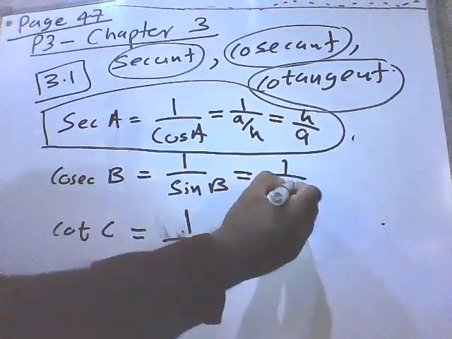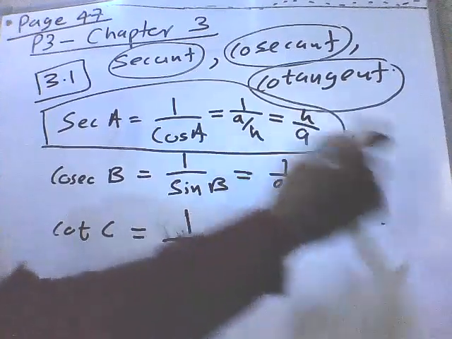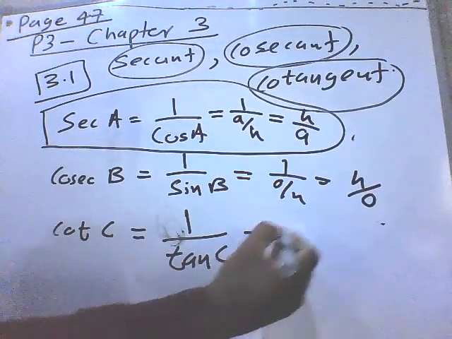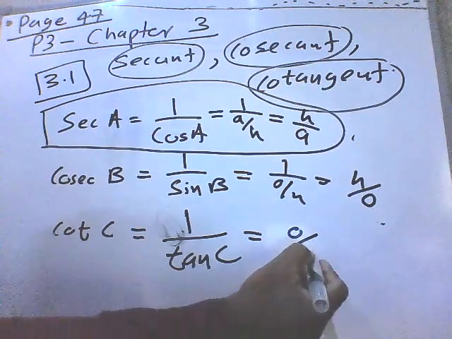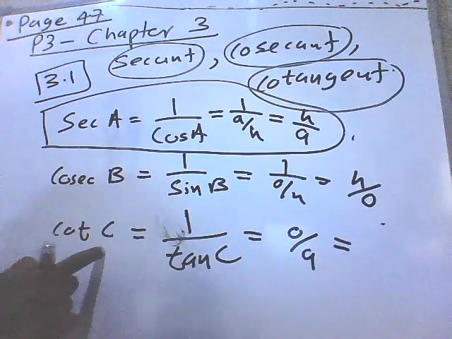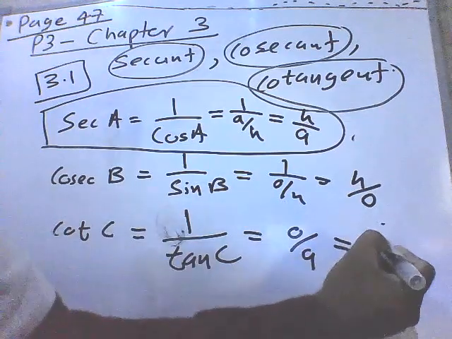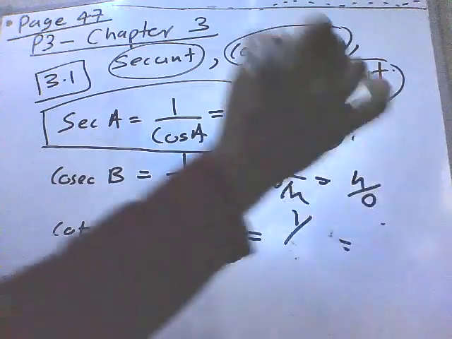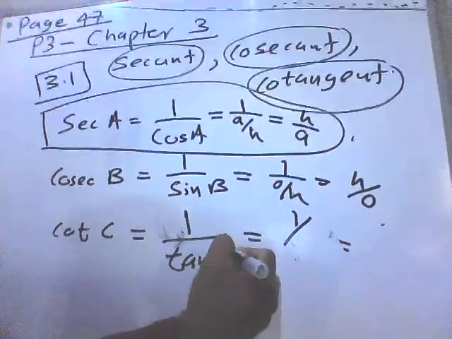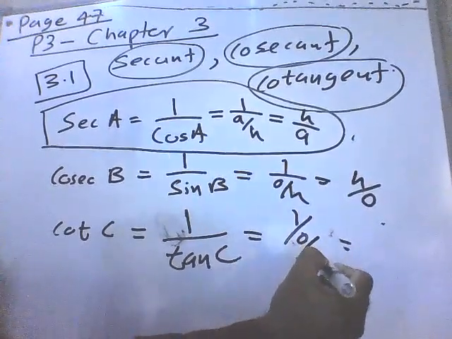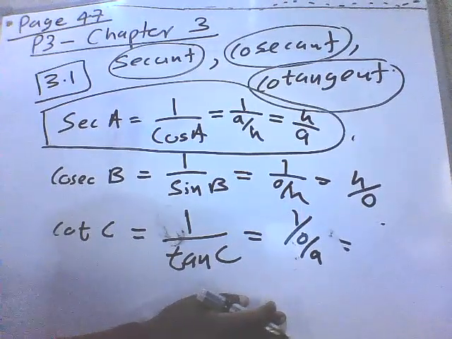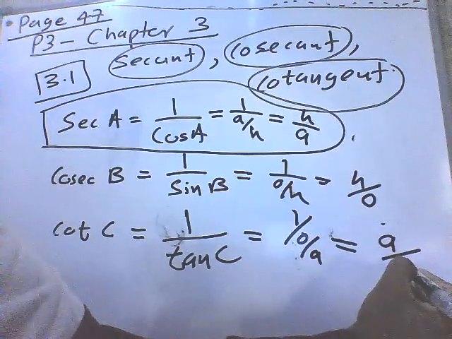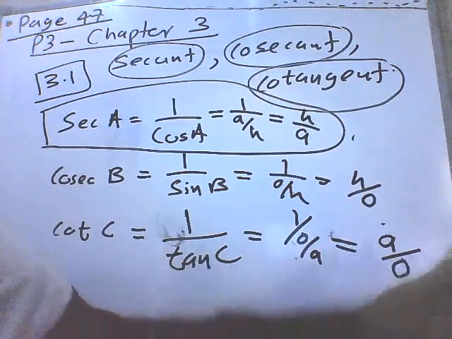For cot C, 1 over tan means 1 over opposite over adjacent, so this is equal to adjacent over opposite.